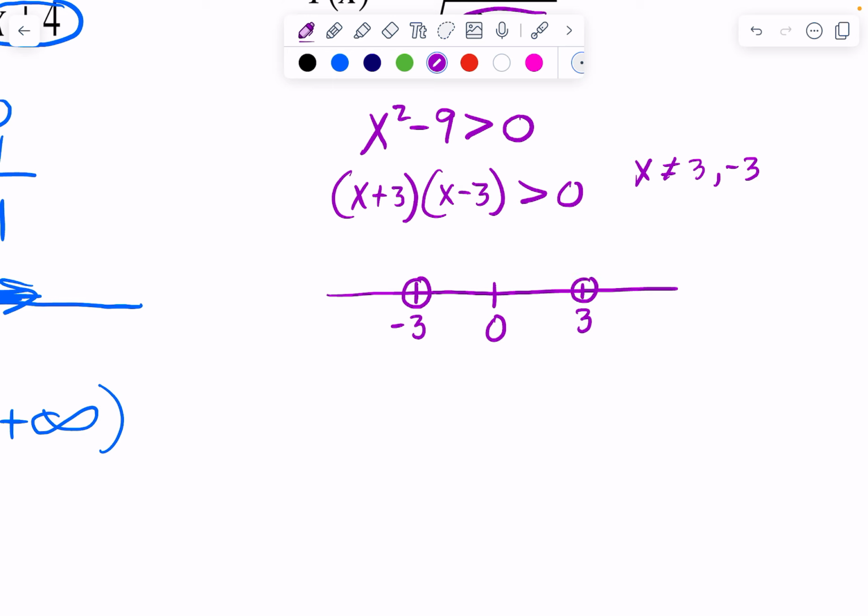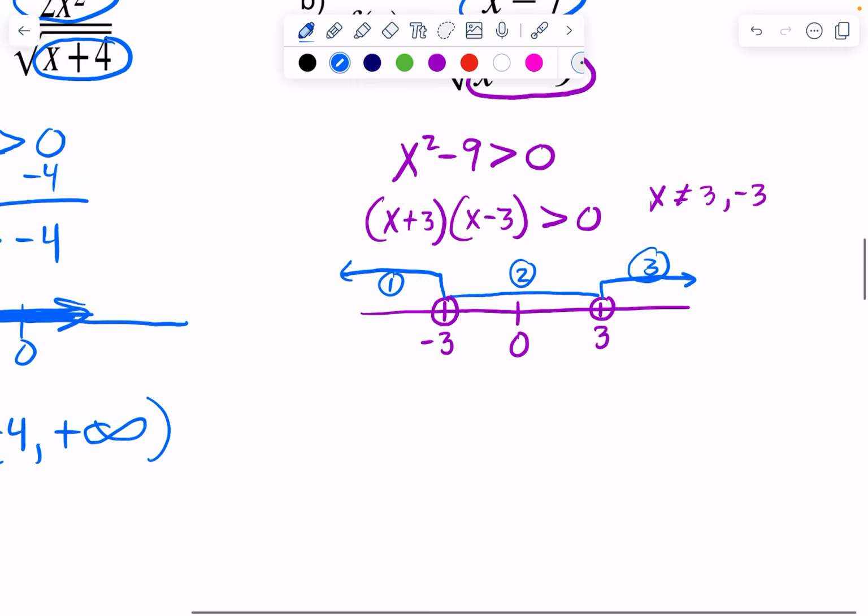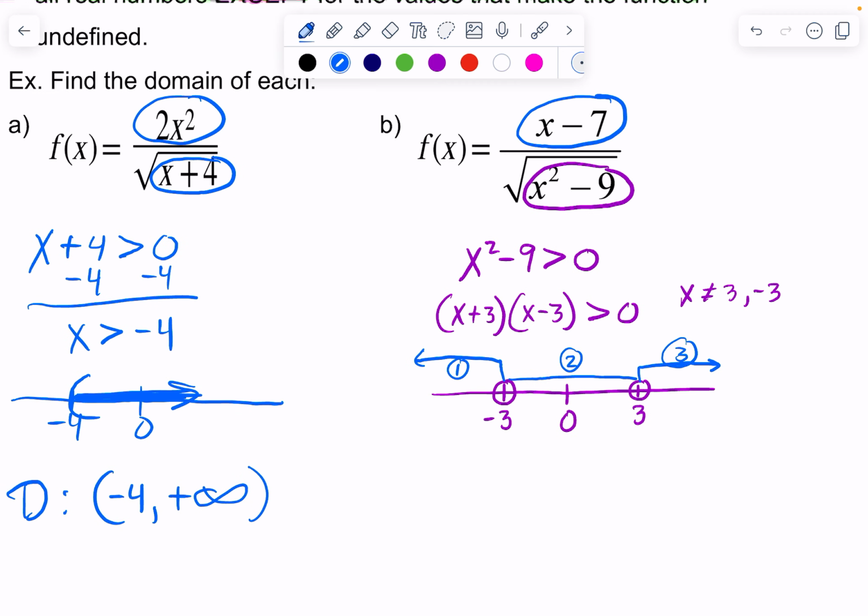Now there are 3 test zones that we just created. It could be less than negative 3, test zone 1. It could be in between negative 3 and 3, test zone 2. And it could be greater than 3, test zone 3. So now let's test each of these zones by plugging them into the original denominator and see which ones work.